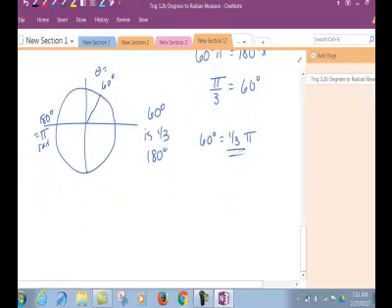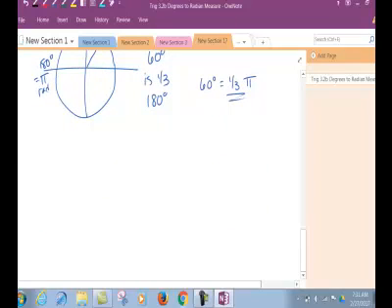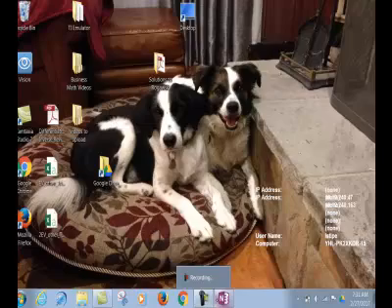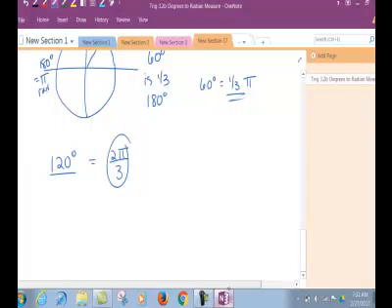Hopefully that's helpful. Using that manner, I hope you can see that 120 degrees is two of those 60s, and so 120 turns out to be 2 pi over 3 radians. At some point, you're going to want to have these memorized.